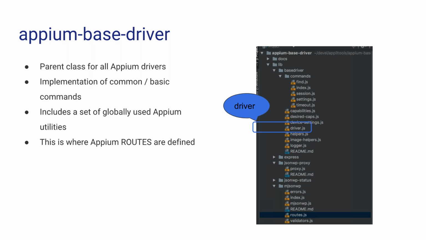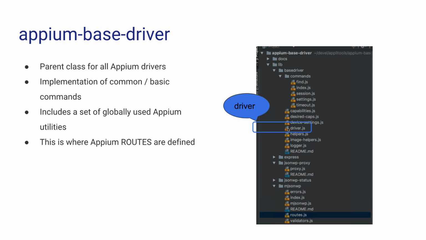By the way, I have not mentioned it yet, but Appium is written almost entirely in JavaScript. There are parts which do not run on the Appium server itself, for example, parts which run on the device, which are sometimes written using whichever native language is used by the device.